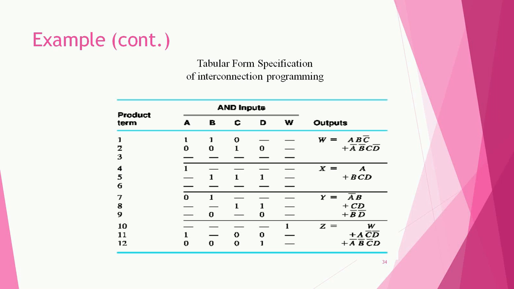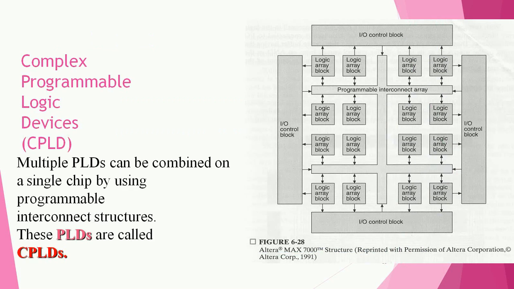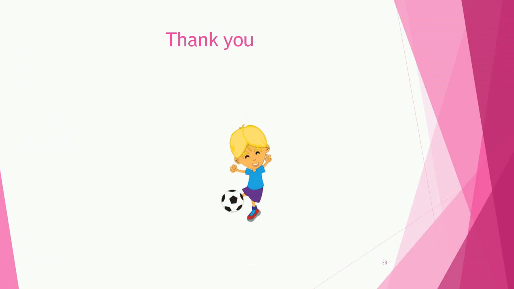So the conclusion is that in programmable logic array, both AND and OR are programmable, and in programmable array logic only AND is programmable, OR is fixed.